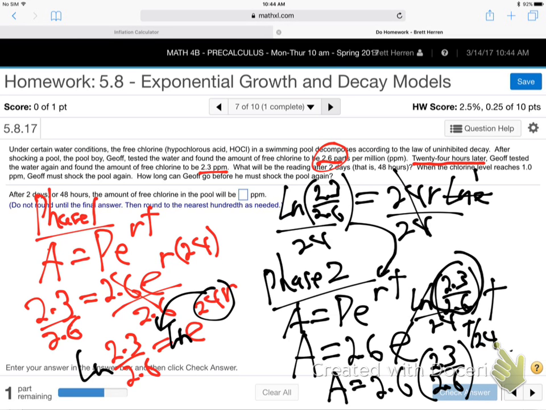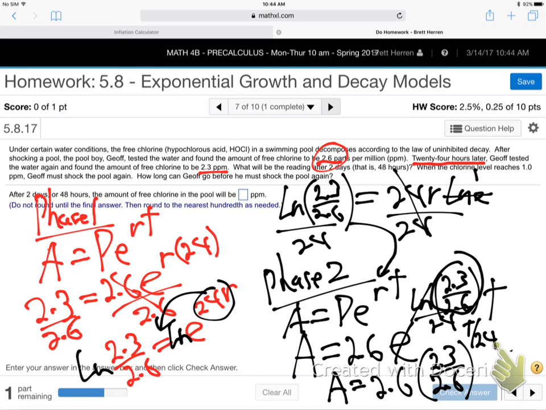We good there? Everybody see what happened? See how the E and the ln always cancel. What was in the toaster drops down to be the base. The T over 24 remains in the power zone. And then you would just plug in the 48 hours. Just plug in 48, get your answer.